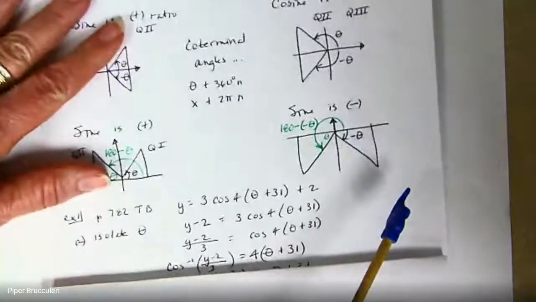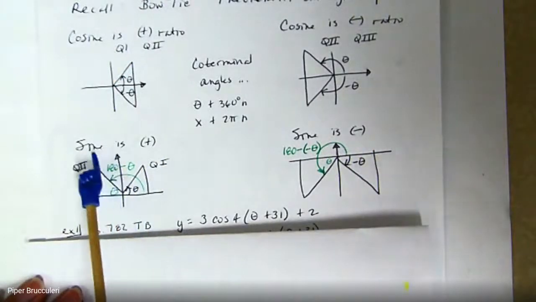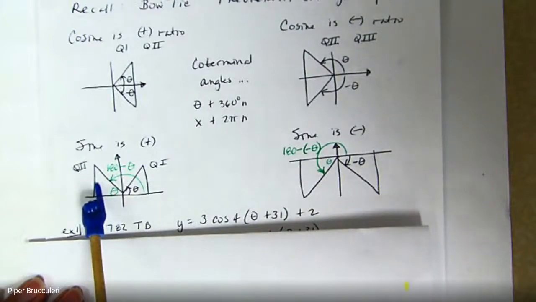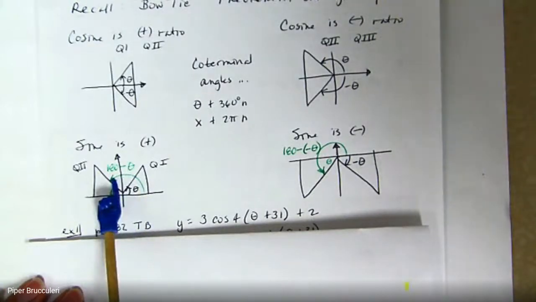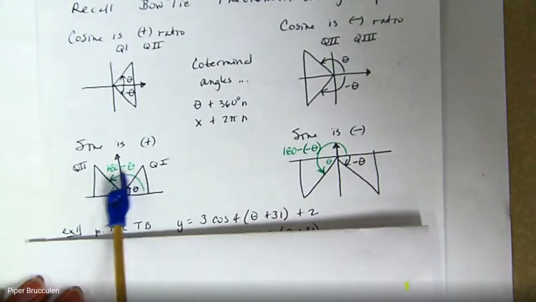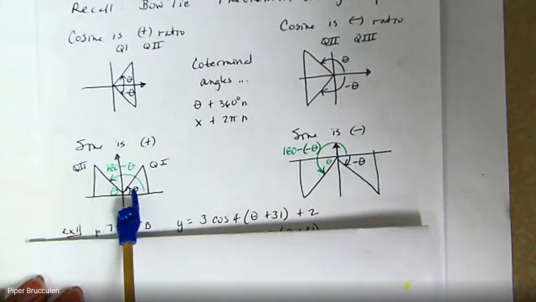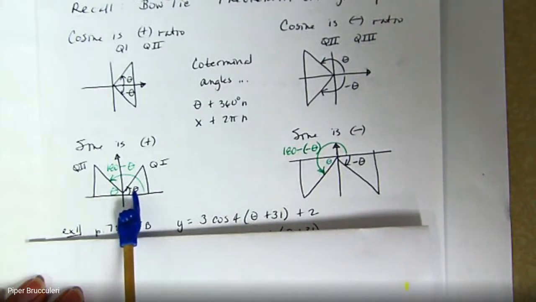And then the sine part. Sine ratio is positive. Sine is like the y, and so it's positive in quadrant 1 and quadrant 2, where quadrant 1 angles are easy. And then this 120, the sine ratio for getting all the way up here, that long leg, that value, this entire value, not the reference angle, is 180 take away this reference angle, which is what creates the reference angle.